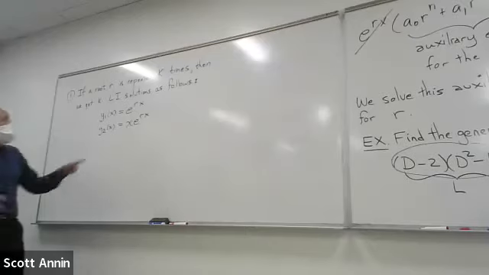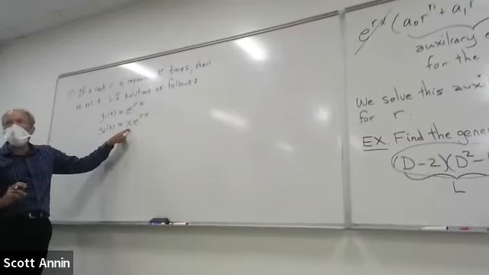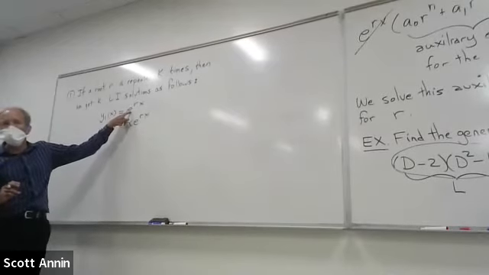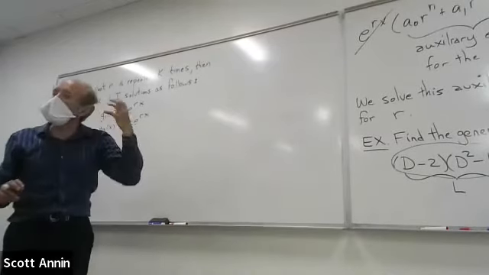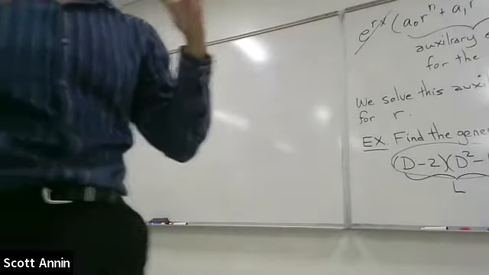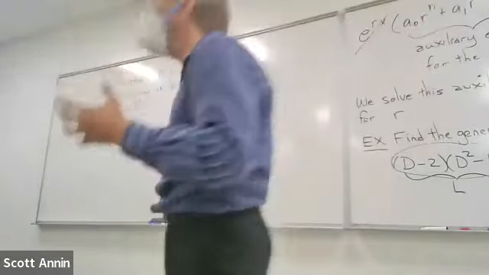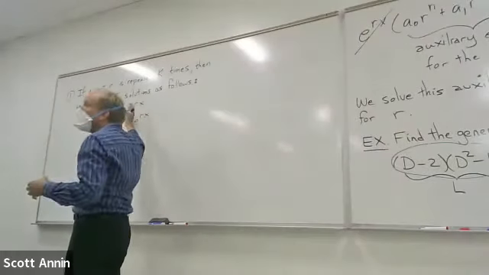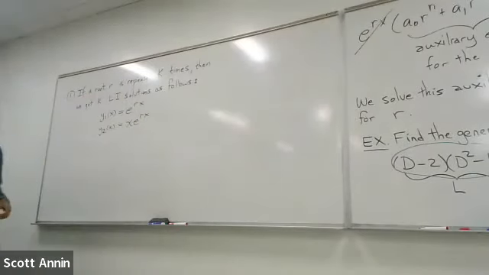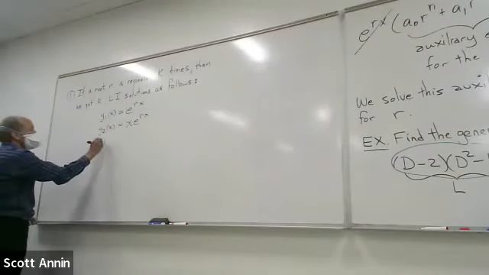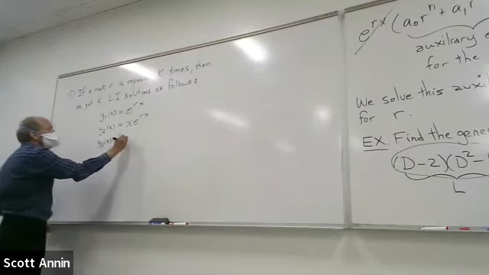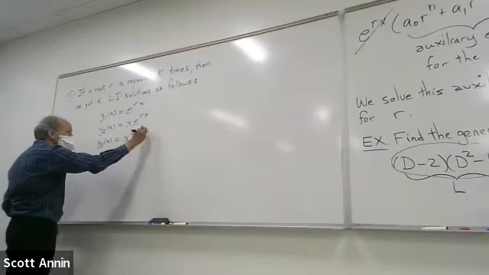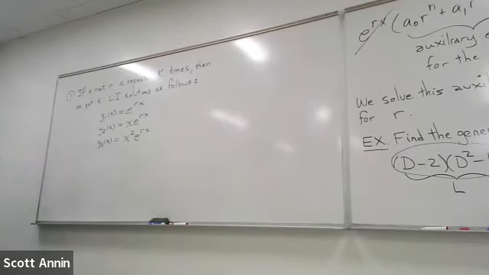Just to be clear, this is not a scalar multiple of the first solution. x is not a scalar, it's not a number, it is a variable here, right? So these two solutions are not scalar multiples of each other. And let's say we have a third solution now, y3. We're going to stack an additional x, and now it becomes x squared e to the rx.